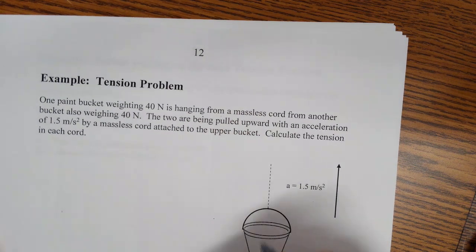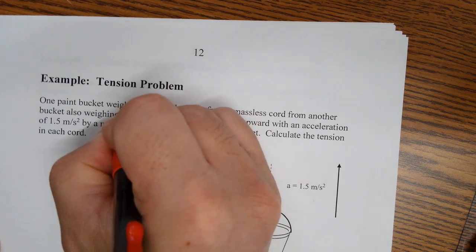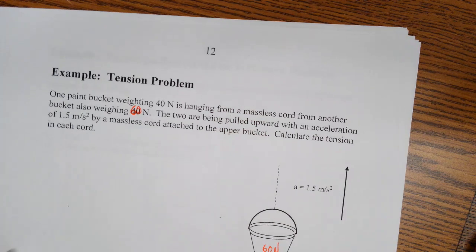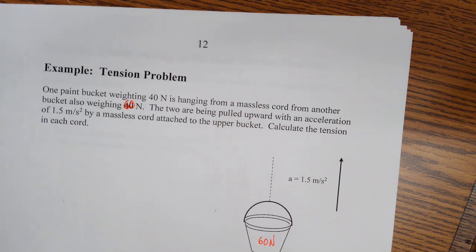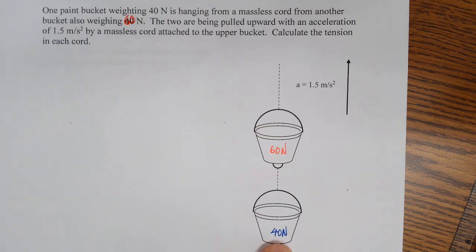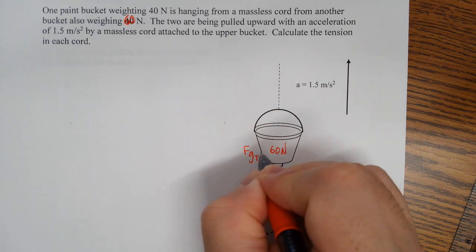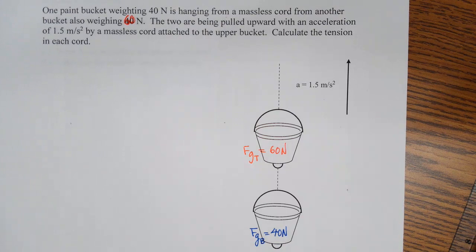I'm going to change this around and make this one 60 newtons instead of 40 newtons. So this is going to be 60 newtons and this one's going to be 40 newtons. Now this is the weight of the bucket, not mass. So this is actually Fg bottom bucket, and this is Fg top bucket.